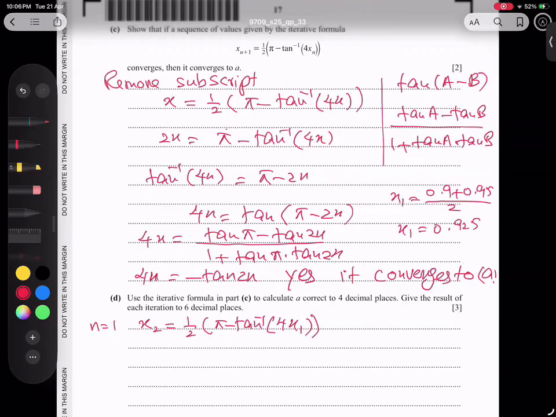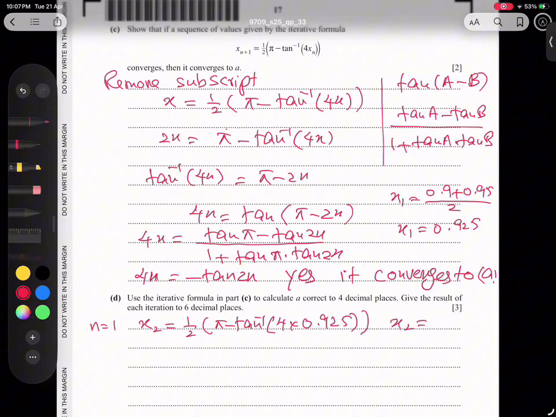I think this part is very clear. Now what is the next plan, students? We have to replace this value here. So I'm saving my time, just replacing it here: 0.925.